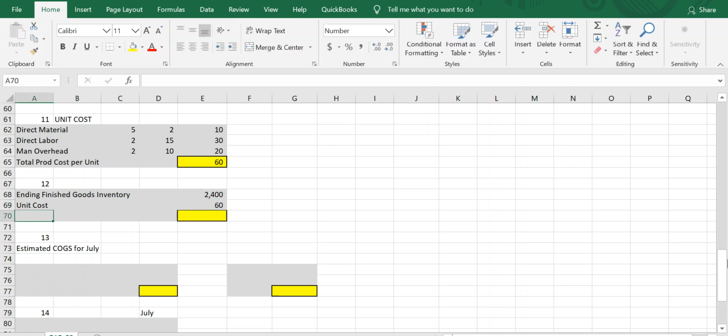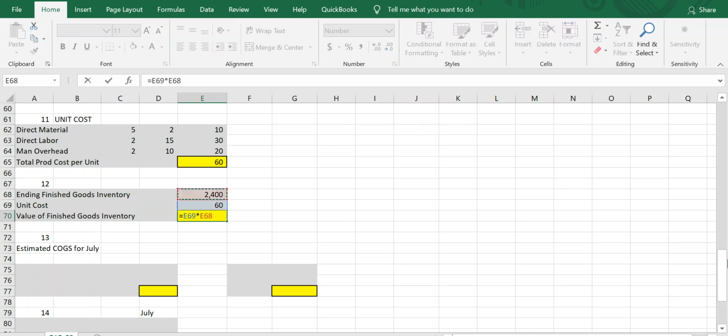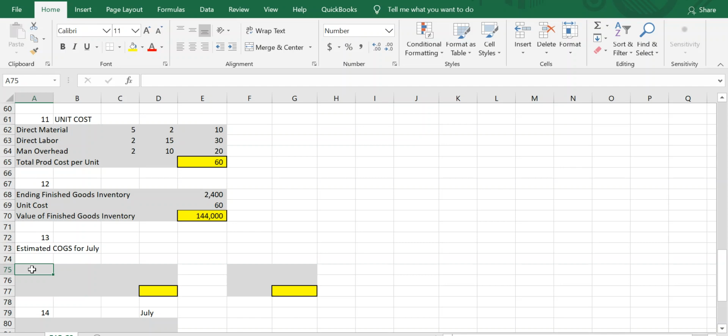That means the value of our finished goods inventory is 2,400 times 60. So we have $144,000 value in our ending finished goods inventory.